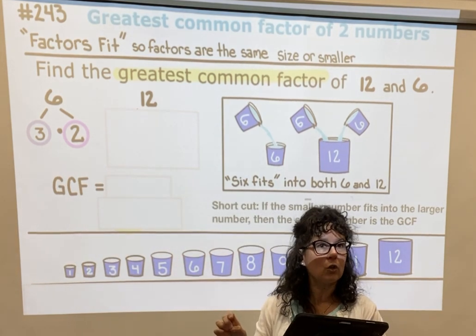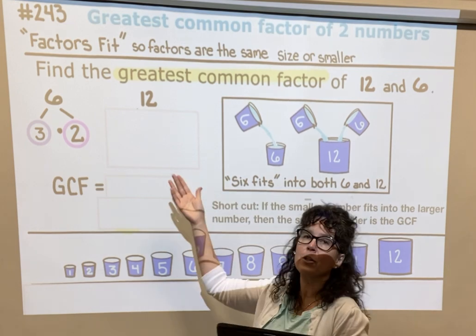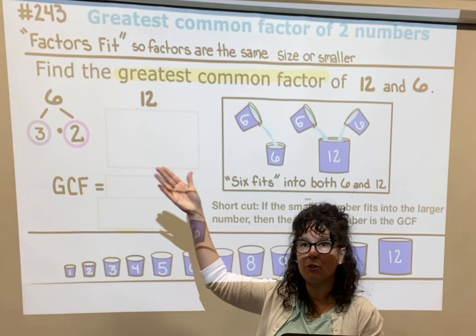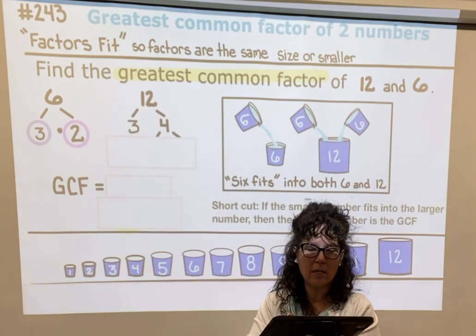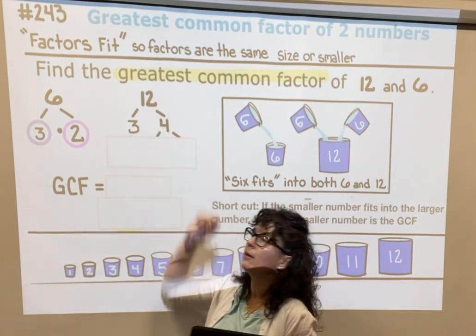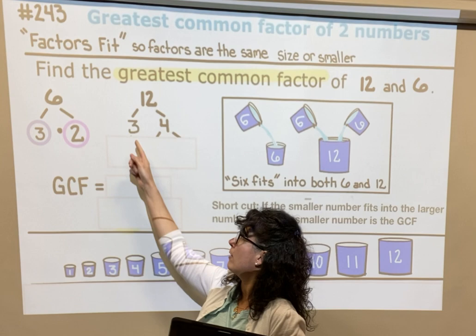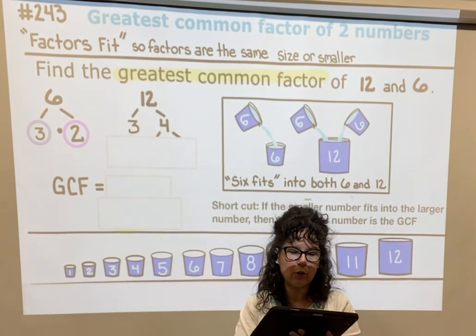Thinking of two numbers that multiply together to get 12, one person might say 2 times 6, another person might say 3 times 4. It doesn't matter which ones you decide on. I went with 3 and 4. And then I keep going. The number 4 is 2 times 2.